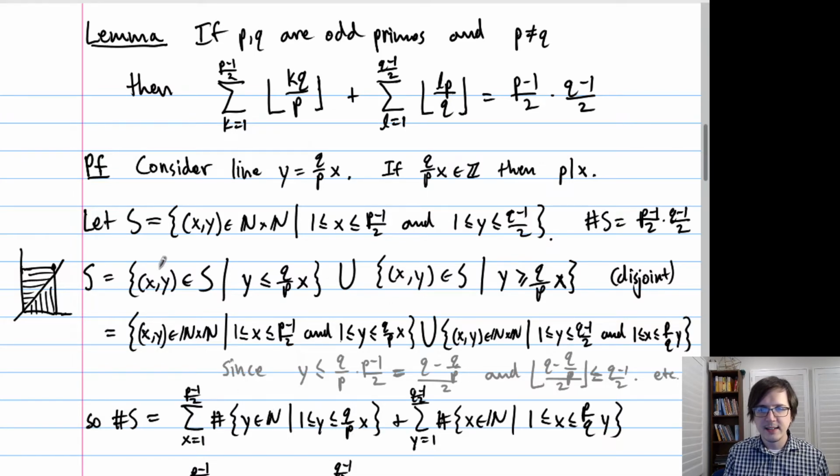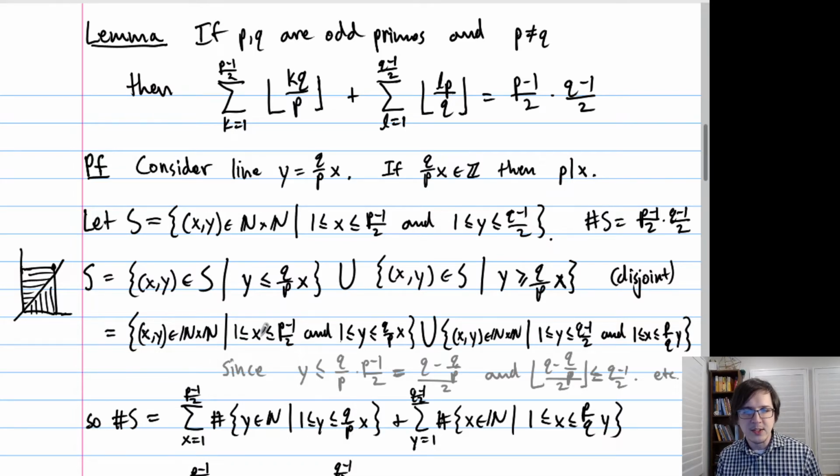So the cardinality of S then, because the sets are disjoint, is the sum of the cardinalities of the two sets. And then I'm writing this set as a bunch of slivers and summing up those cardinalities instead.